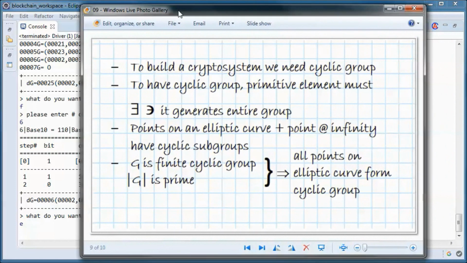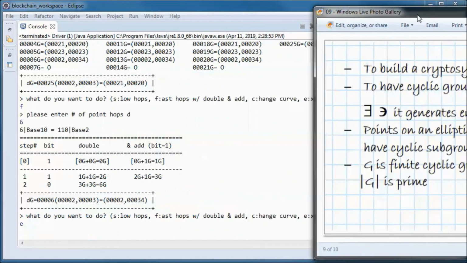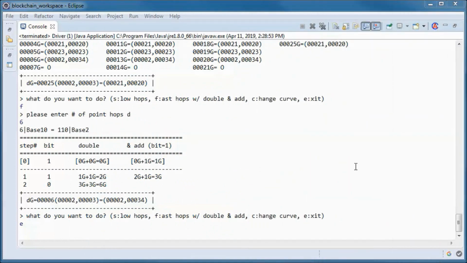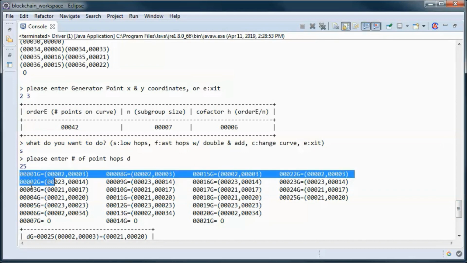So we had that points on an elliptic curve plus the point at infinity have cyclic subgroups, and this is where this subgroup here comes from, or cyclic subgroup here.